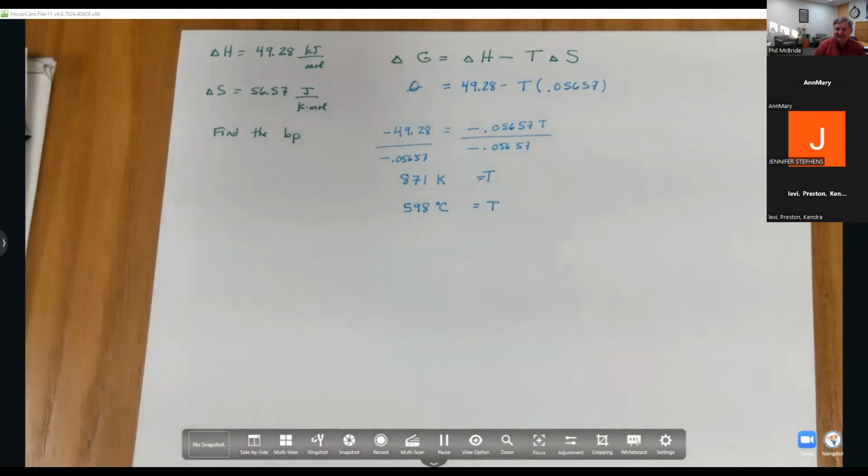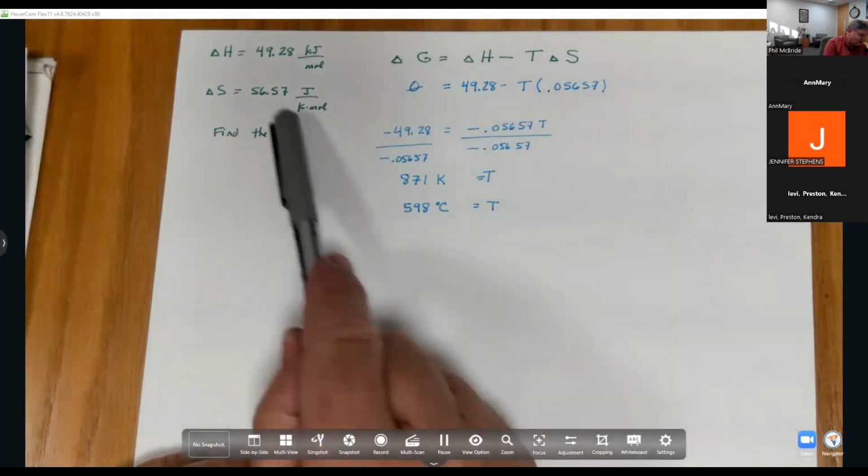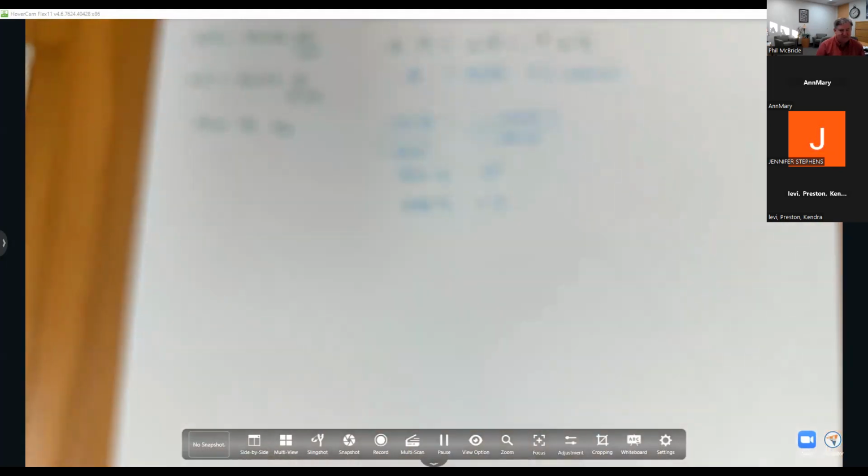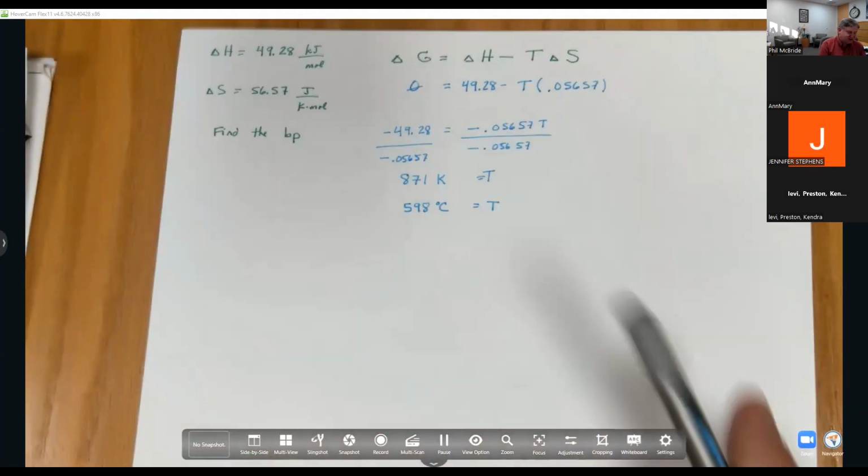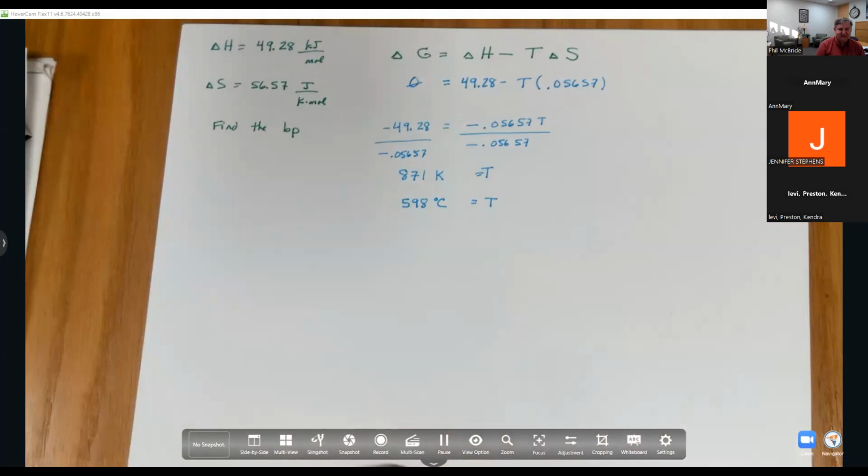All right. So we are doing problem number 12 on the homework, where we're trying to find the boiling point. When you find the boiling point, we know that it's at equilibrium, so delta G is automatically 0.